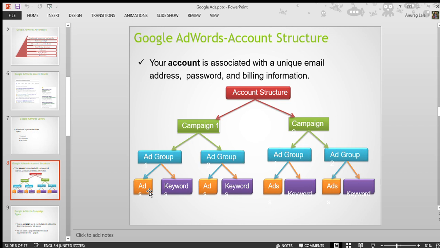And what is a keyword? A keyword refers to a special word that a particular person, as a visitor, is going to search, and it determines your site ranking. Suppose I have searched best laptop under 10,000. So best laptop under 10,000 is a keyword. Best flower delivery in Kolkata.